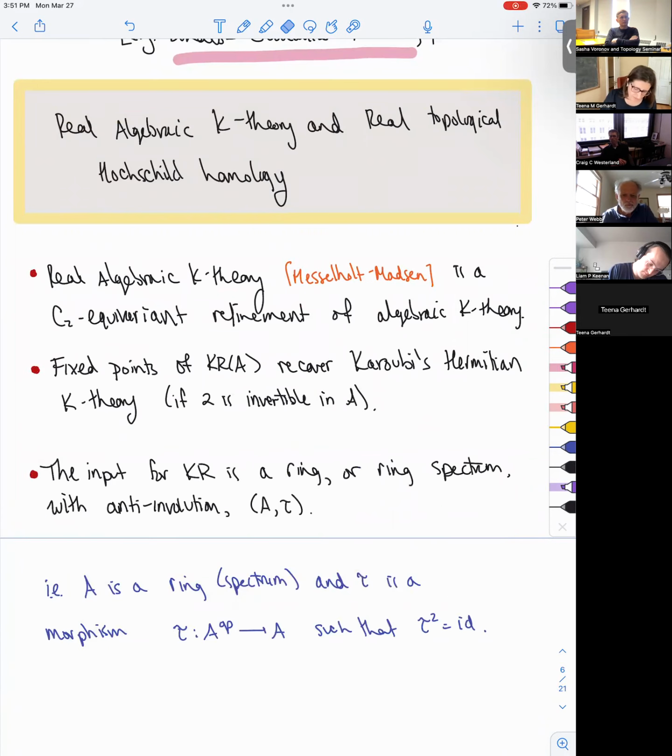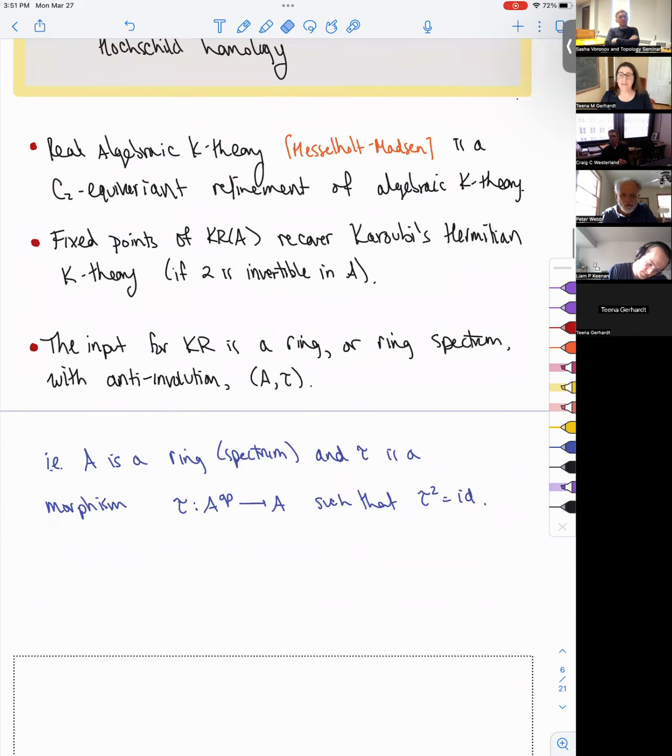Let me tell you a little bit about what the input for this theory is. With ordinary algebraic K-theory, our input was a ring or ring spectrum. With real algebraic K-theory, our input is going to be a ring or ring spectrum but now equipped with an anti-involution. In other words, it's a ring that has this morphism, tau, that squares to the identity.